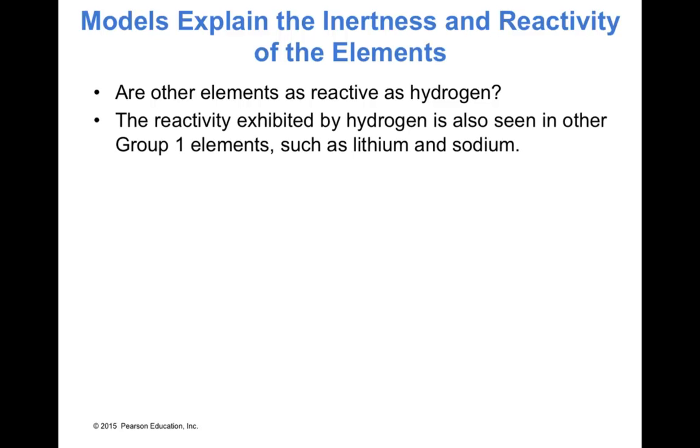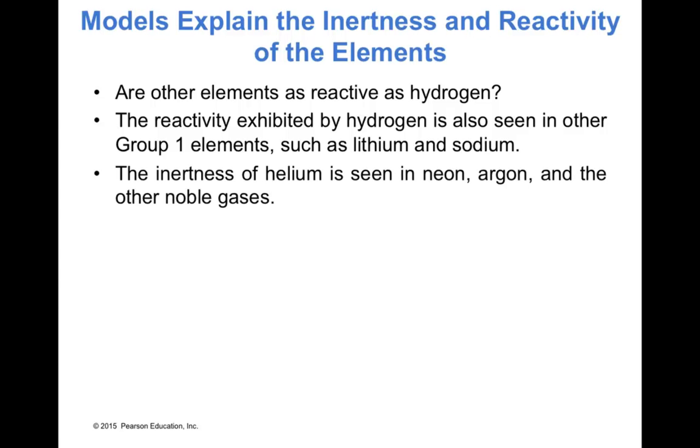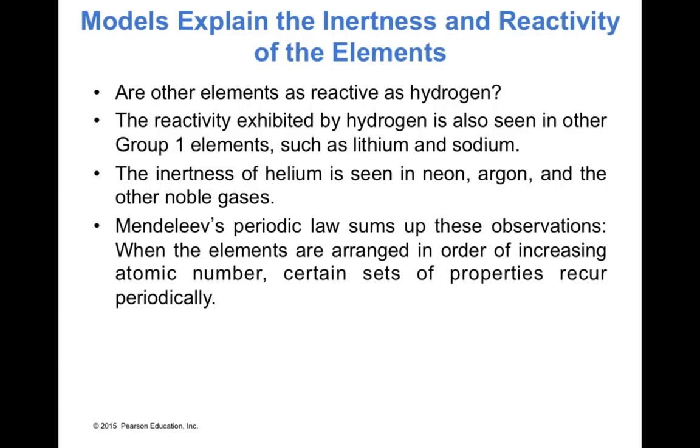The reactivity exhibited by hydrogen is also seen in other group 1 elements such as lithium and sodium. The inertness of helium is seen in neon, argon, and the other noble gases. Mendeleev's periodic law sums up these observations.